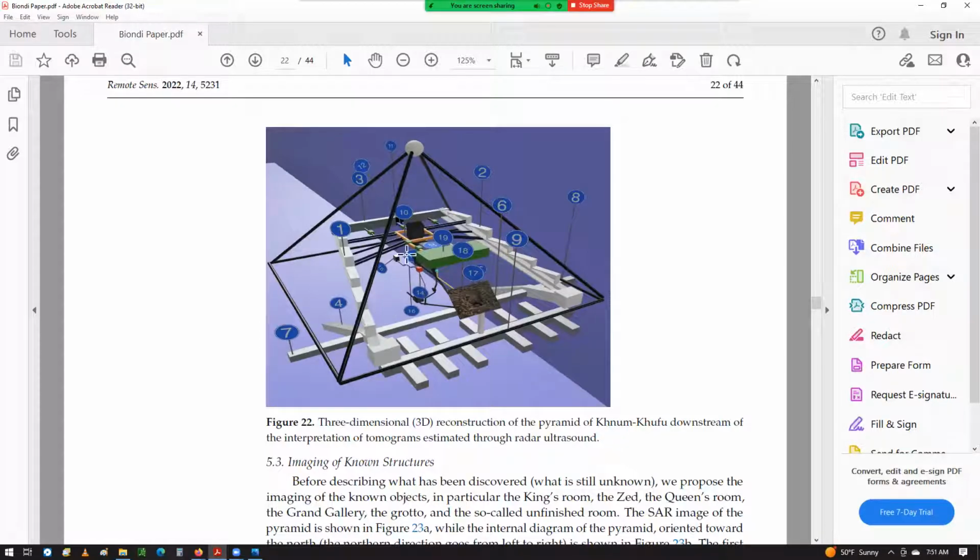There's also the other confirmatory aspect: they detect the big void, but they're also detecting a chamber in red here under the Queen's Chamber, and another chamber to the south, at a lower level. Then they're detecting all these trusses coming from a square structure around the roof over the King's Chamber, and this square-shaped structure is connected to the big void with these two canals.